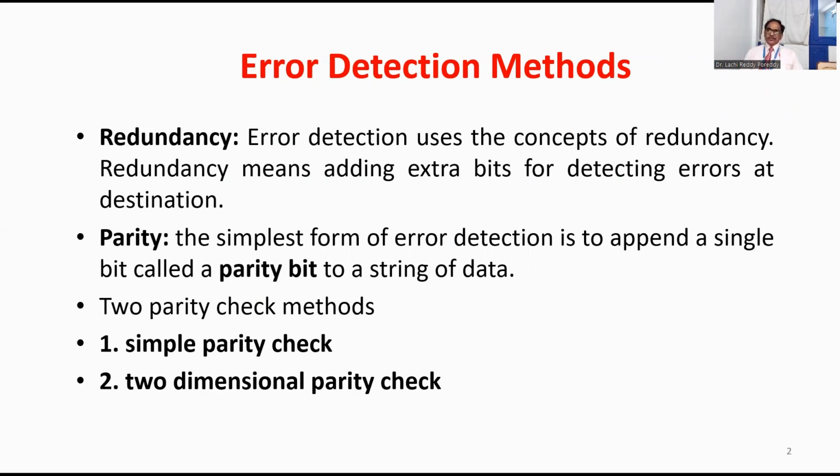How many additional bits are needed depends on the method that we are going to use. A simple method is the parity-based error detection method. In the parity method, one additional bit is used per row or per column.